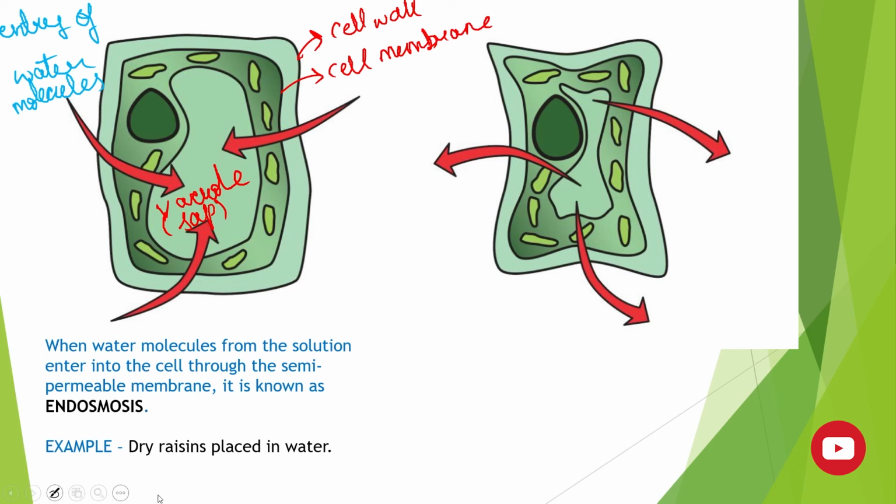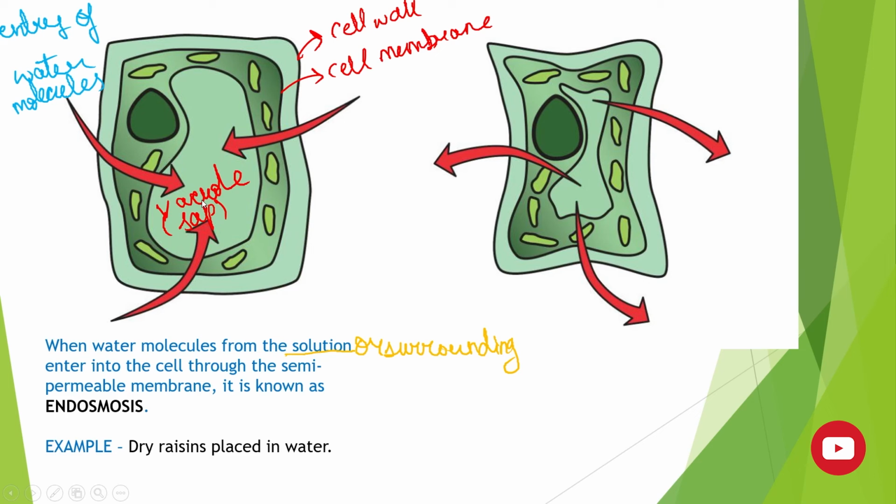So when water molecules from the solution or from the surrounding enter into the cell through the semi-permeable membrane, it is known as endosmosis, which is happening exactly in this case.